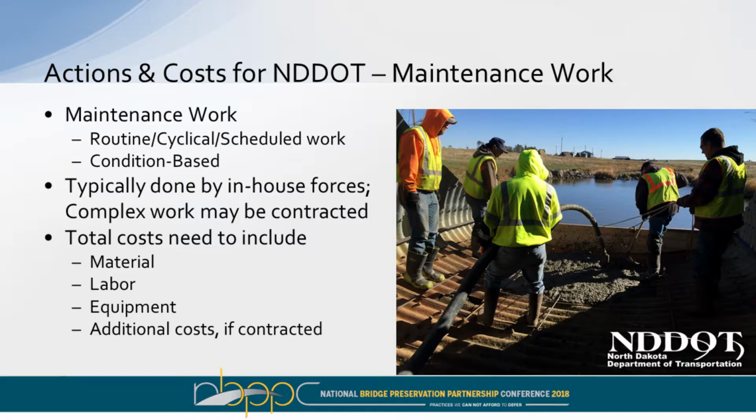You can enter that either as percentages or as a flat cost. So for our maintenance work, we do different types of maintenance. It's typically done by in-house forces, and those total costs need to include material, labor, equipment, additional costs if contracted, but also additional costs even if we don't contract, like the traffic control, those sorts of things.